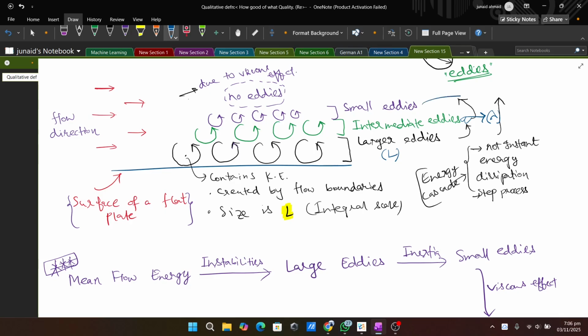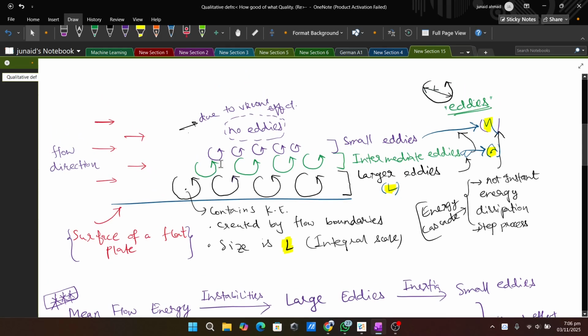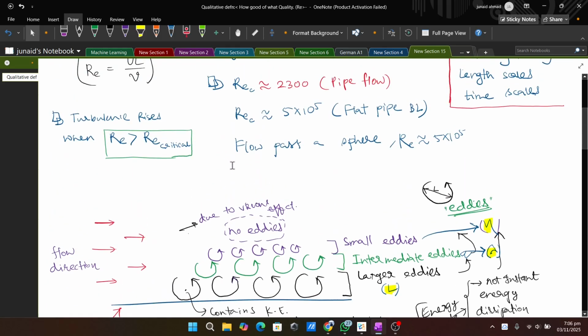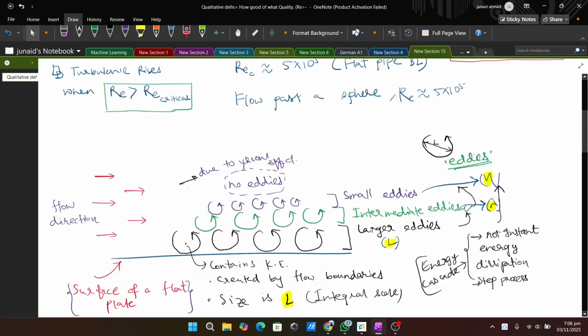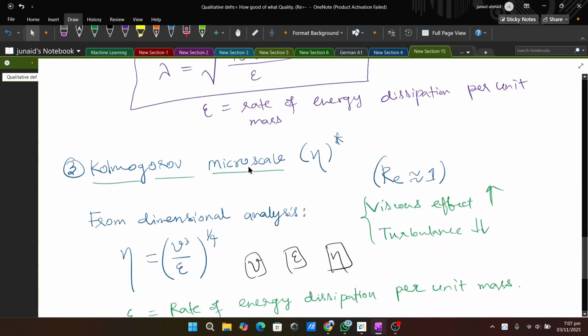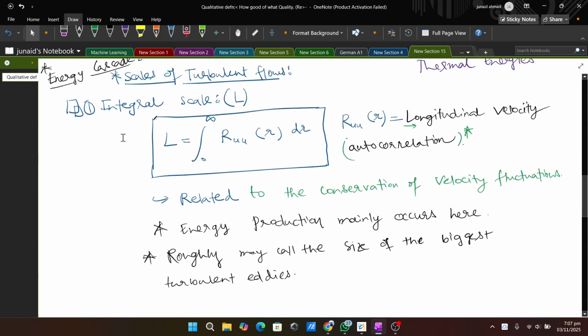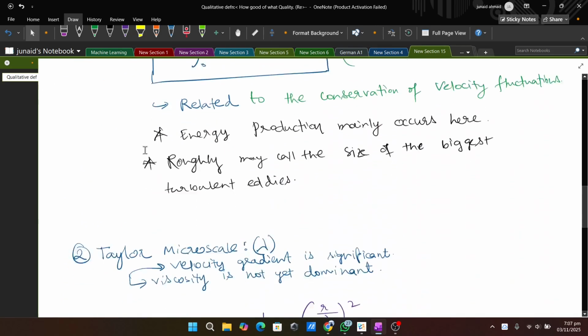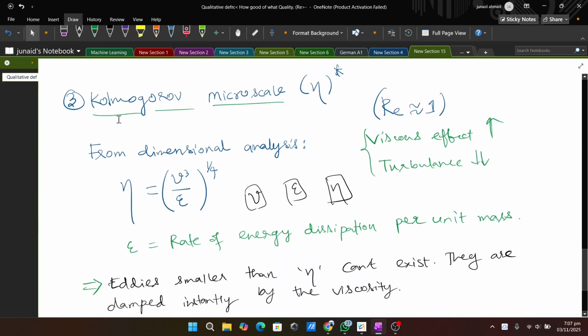In the case of the small eddies, we had the Kolmogorov microscale. Right? There are three scales for those three places: L, lambda, and the Kolmogorov microscale. And we also have discussed the different formulas that are derived fundamentally or by dimensional analysis. We can also use those, like, this is the integral scale, Taylor microscale, Kolmogorov microscale.